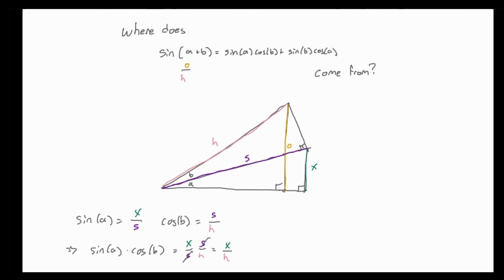So it seems like we made some progress, but I'm trying to figure out what the side length O, that orange side length, is. And I've only really found out what X is. But we're closer than we think, maybe.